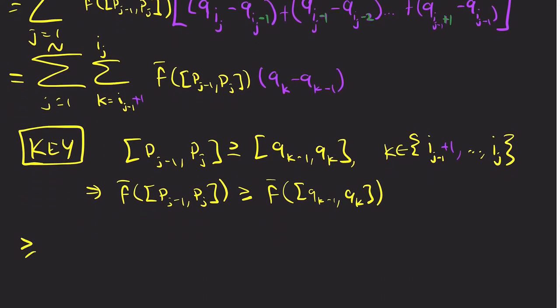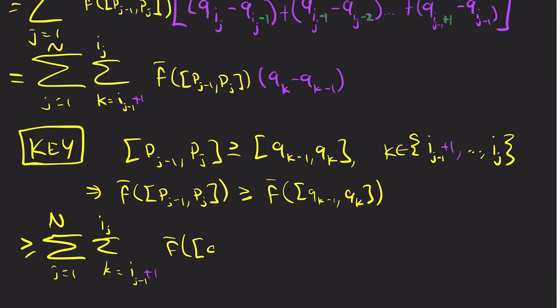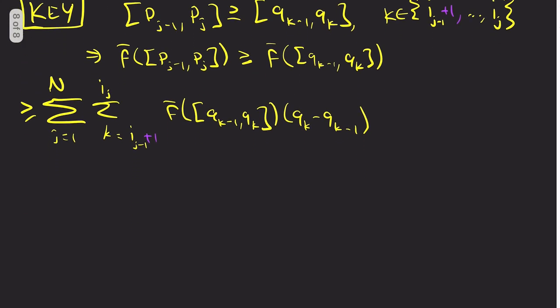So I'm going to write greater than or equal to this sum, plus 1 on top here, just to make sure the indices are correct. And now this is f bar of q_(k minus 1), q_k, times q_k minus q_(k minus 1). And now this sum, what we're really summing, let's call this alpha sub k, right?